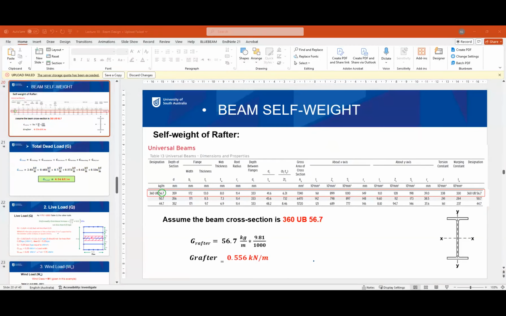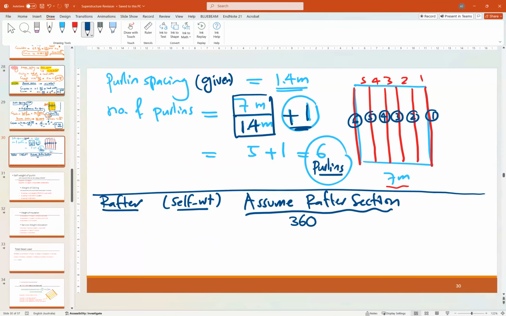So we need to assume a section for the rafter. For example, if we assume 360 UB 56.7. So if we go back to our slides, assume a rafter section 360 UB 56.7. So now G rafter will be equal to the value.